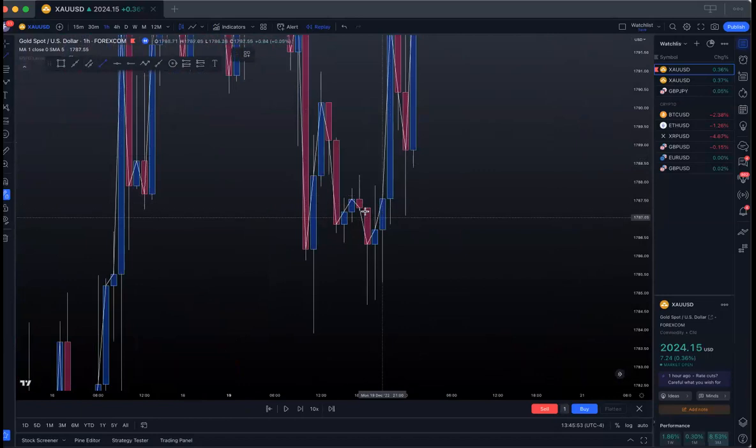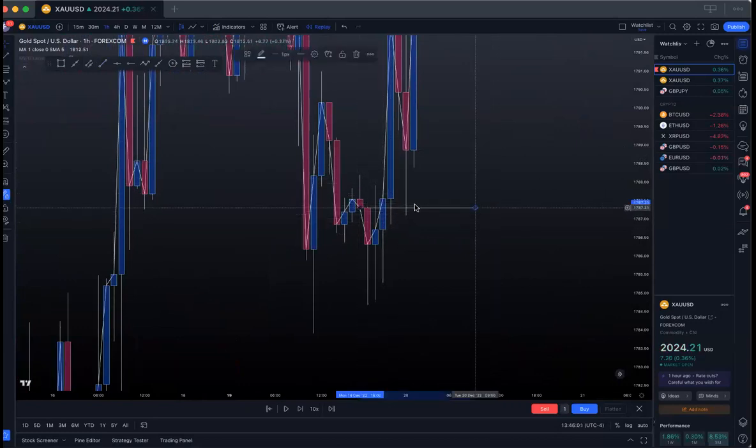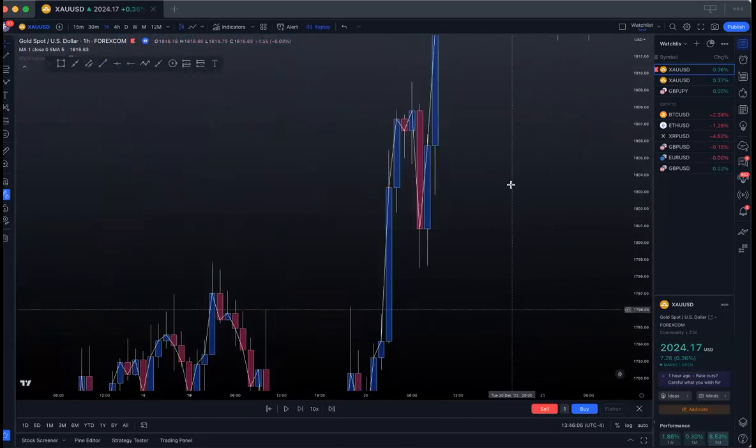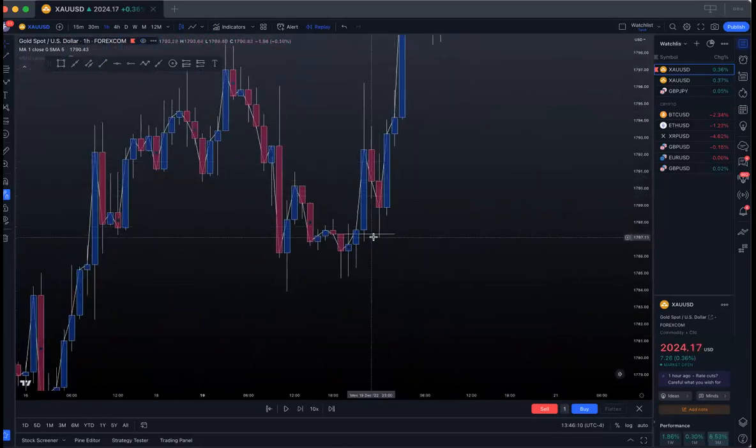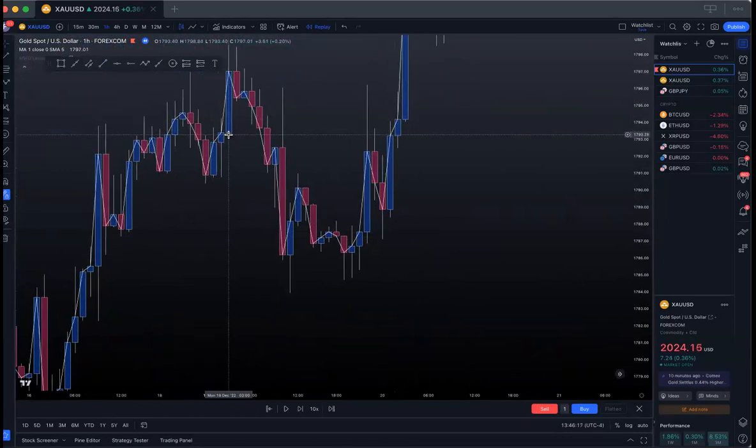So have this open and close. This is a breakout of this gap level. And then price comes and tests it and just goes forever. It goes to heaven. This is a good example.